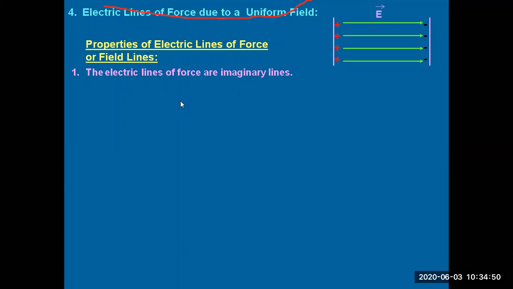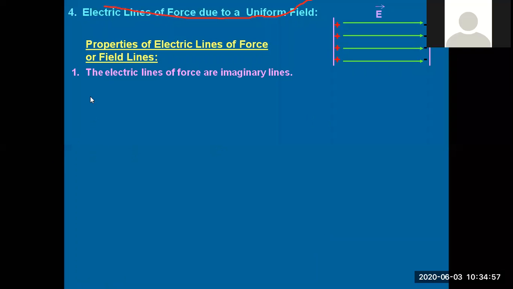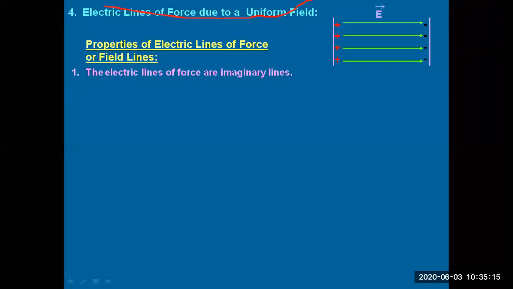For our reference, we just keep them as imaginary lines. So first property, electric lines of force are imaginary lines. So you just put I and keep for the first point. What does the first point mean? They have to be imaginary lines. We will form a word now. So the first point continues with I. So when you see I, you should understand they are imaginary lines.